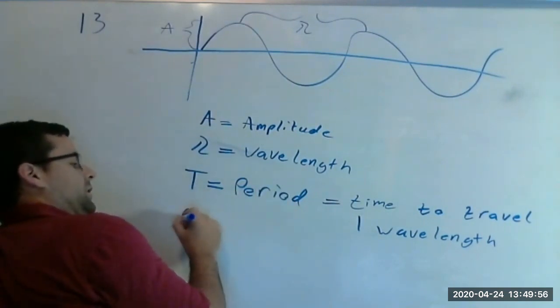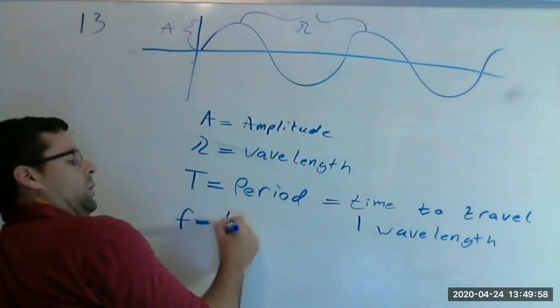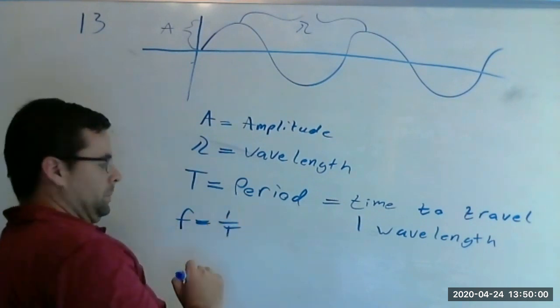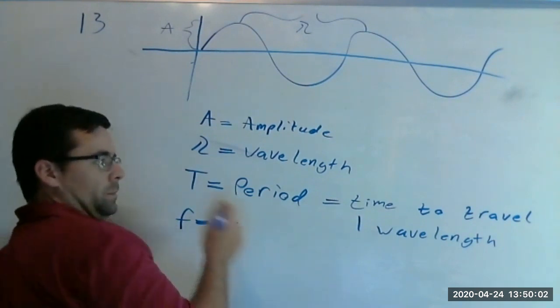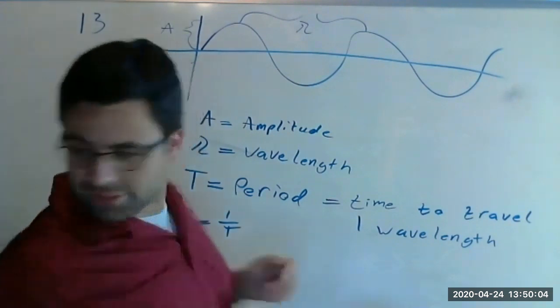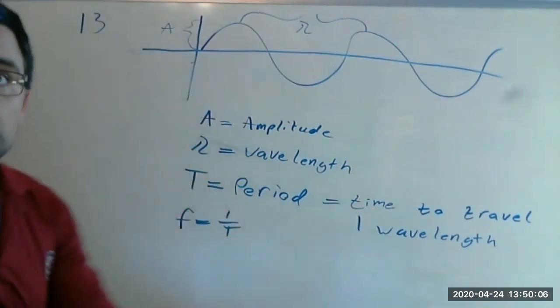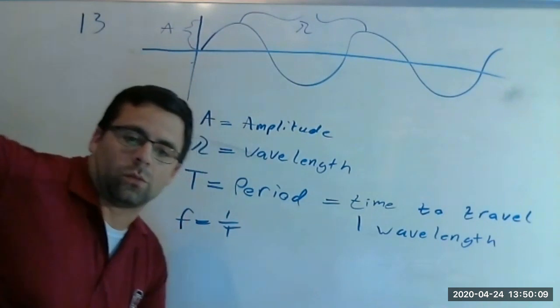And frequency, which was 1 over time. So this is how often a wave repeated itself.